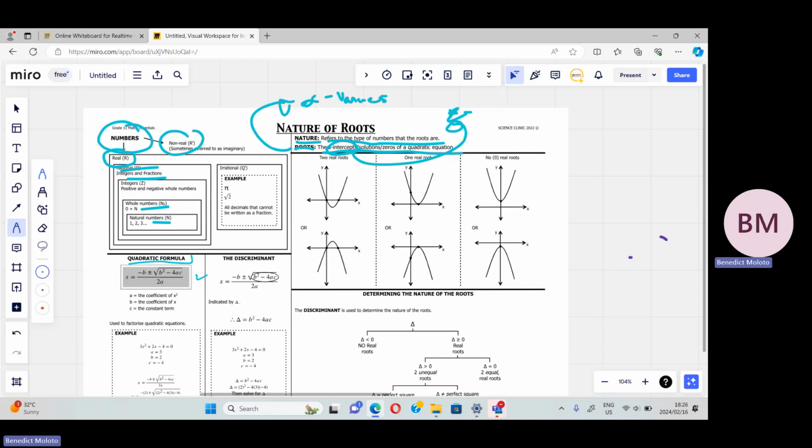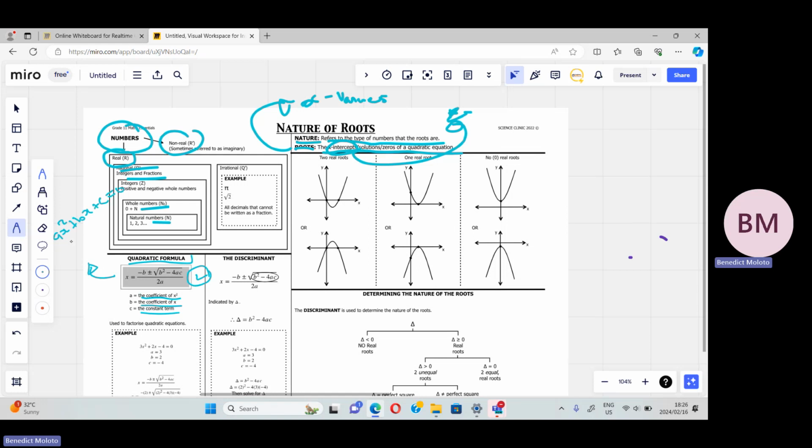We know how to apply this quadratic formula, because a is the coefficient of x squared, b is the coefficient of x, c is the constant term. Whether it's positive or negative, you substitute it the way it is in the quadratic formula. So basically, we can conclude that this comes from a quadratic equation, which is x squared plus bx plus c, which can be equal to 0 or something, depending.